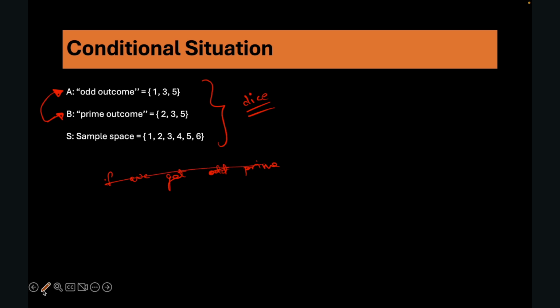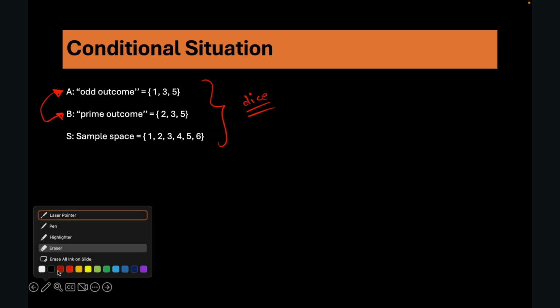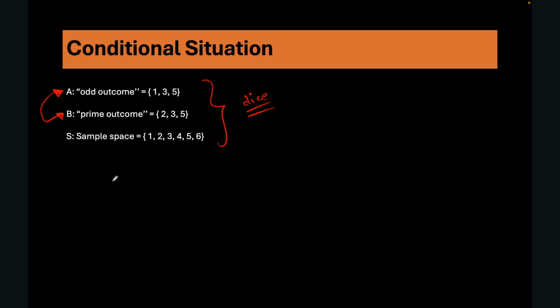Let me just erase this. What is the probability of getting an odd number given that it's prime? Probability of getting odd, given that we get a prime number, given that prime.